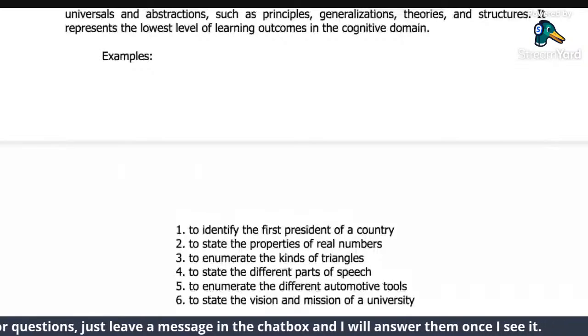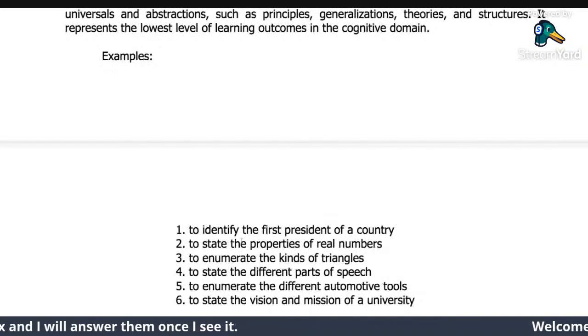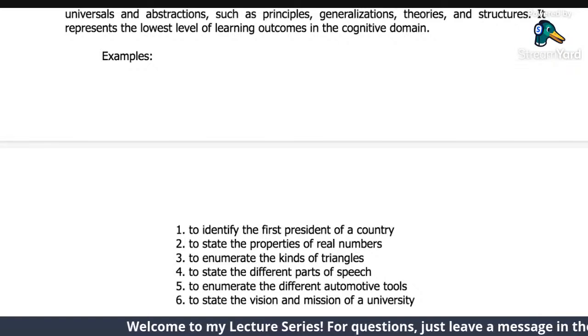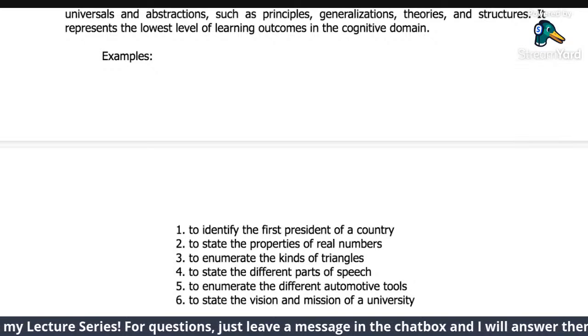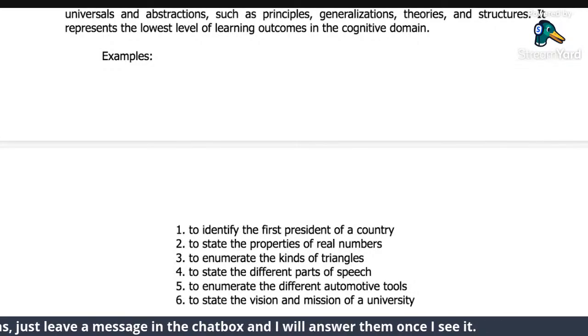You don't need to explain who is the first president of the country. Yeah. So sabi dito, state the properties of real numbers. If I'm going to state the properties of real numbers, I will just have to tell kung ano yung mga properties na yun. But I'm not going to explain them. I'm not going to show an example of those properties. Okay? Or I'm not going to show how will they be used.